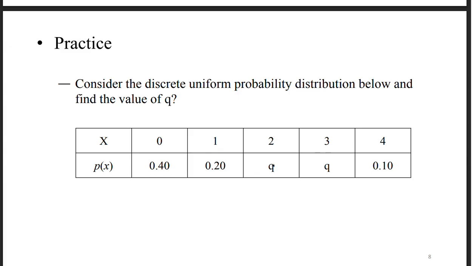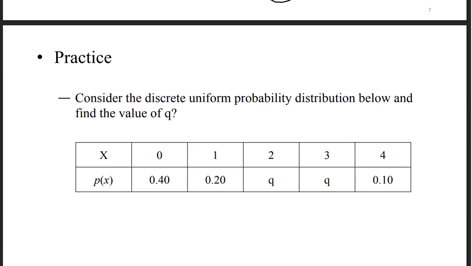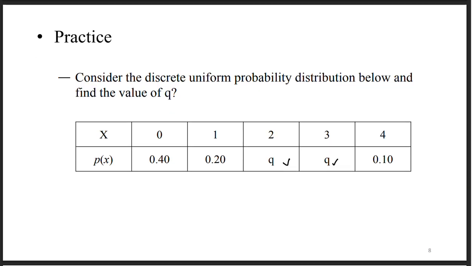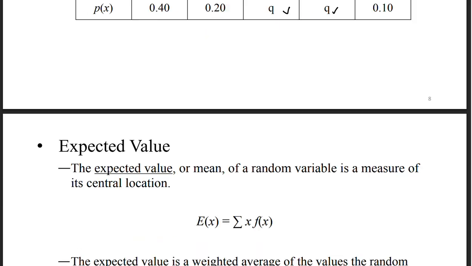Using the same principle as we did here, can we find the value of Q? I want you to spend some time on this and work on it as a quick practice question.